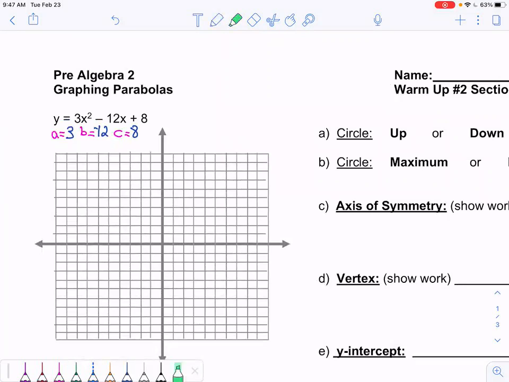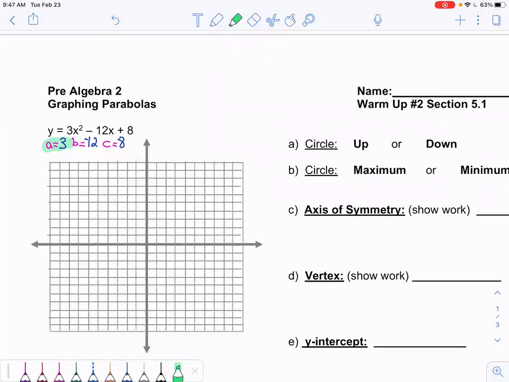TJ, we're looking at that first leading coefficient. It's positive. Does that mean it's going to open up or down? Up, good. When it opens up, does it have a minimum value at the vertex or a maximum? If you think about it this way, opens up. That value at the bottom, is that a minimum or maximum?